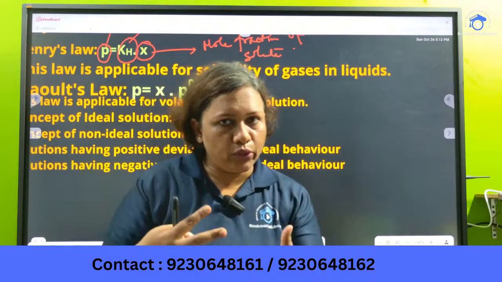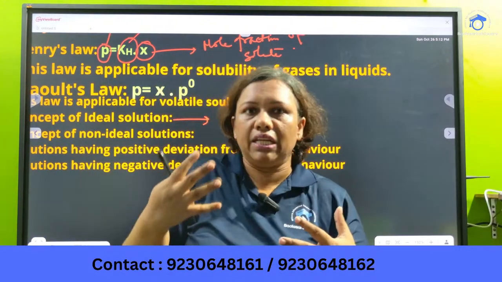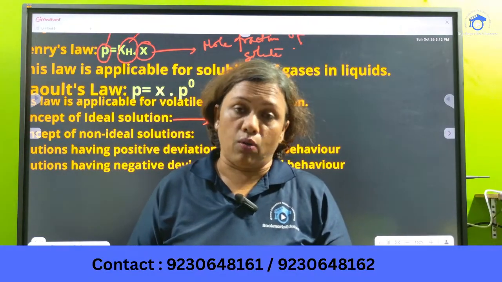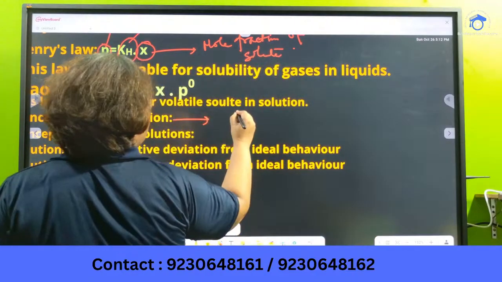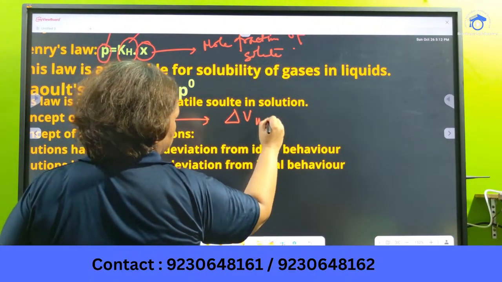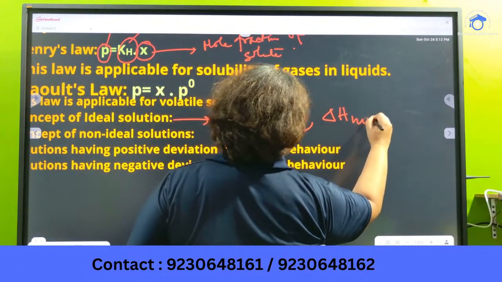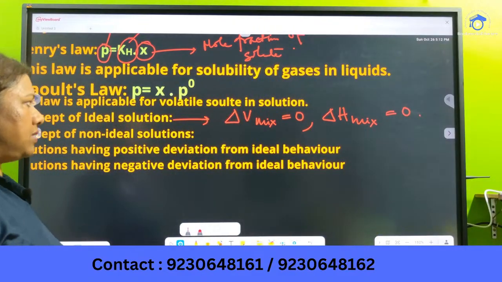And while they are mixing together, there is no temperature releasing or no exothermic or endothermic process. No heat is exchanging with the surrounding. So that is called delta H mixing 0. Okay, that is for ideal solution.